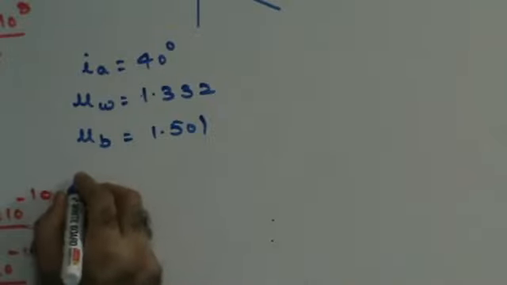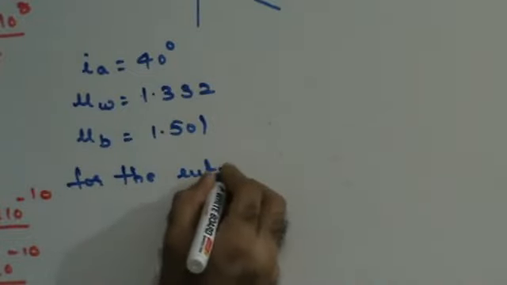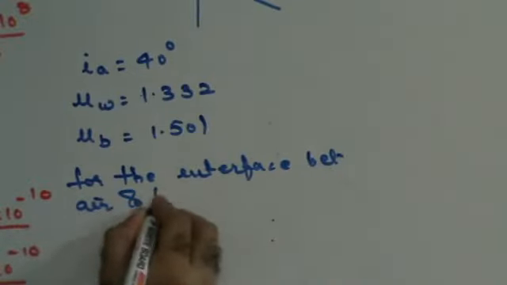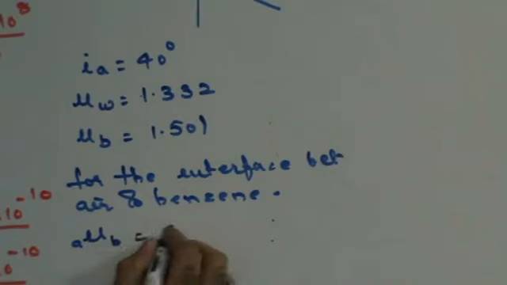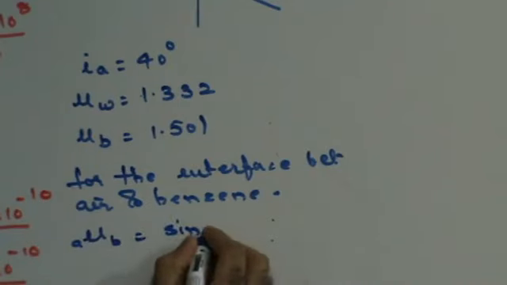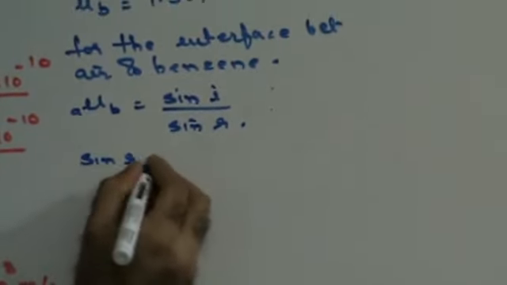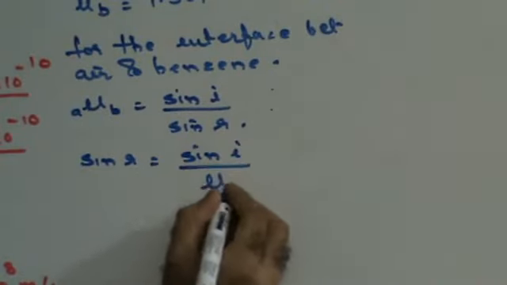Now, let's first consider the interface between air and benzene. I can say that refractive index of benzene with respect to air is sin of I upon sin of R. Right? So sin of R is sin I upon refractive index of benzene.